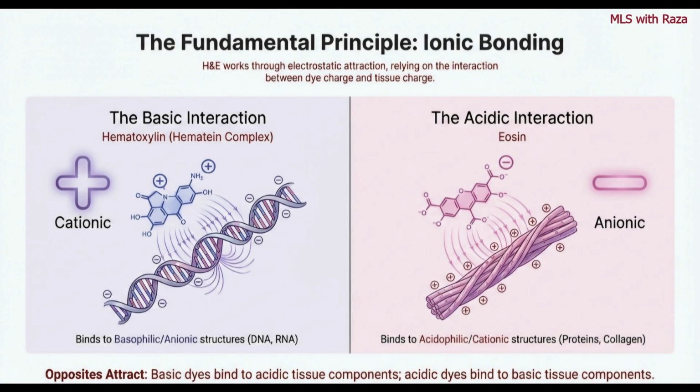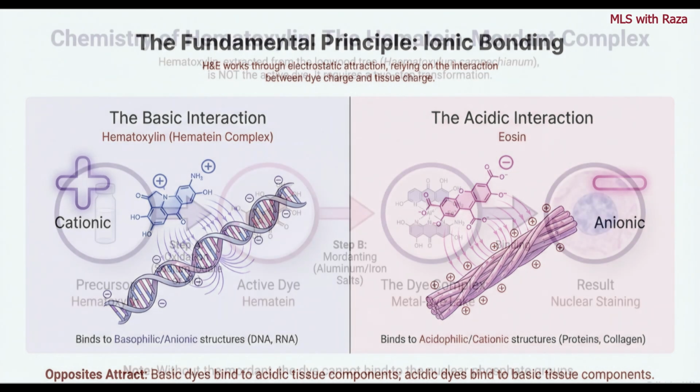So it's naturally drawn to the anionic, or negatively charged parts of the cell, and that's mainly the DNA and RNA. On the flip side, eosin is anionic, with a negative charge. It binds to the cationic, or positively charged proteins you find in the cytoplasm and collagen. This fundamental attraction, positive to negative, is exactly what creates that iconic color contrast we see in H&E.